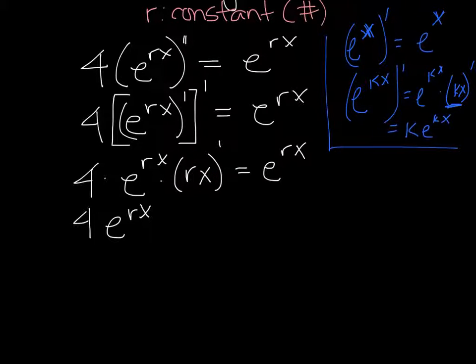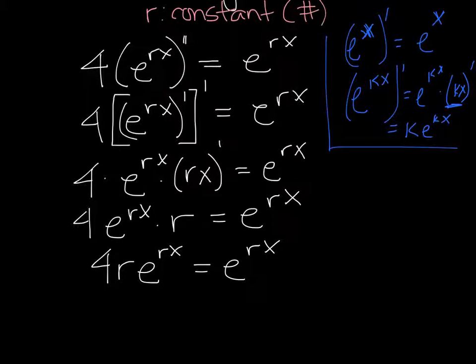If it were 2x, then the derivative of 2x is 2. So in this case, it's just r. So we have 4re to the rx equals e to the rx. And the goal is to solve for r. This is a very good review of just solving algebraic equations.